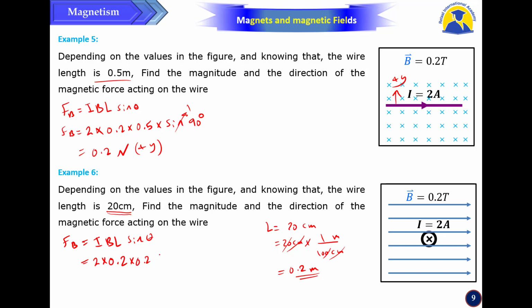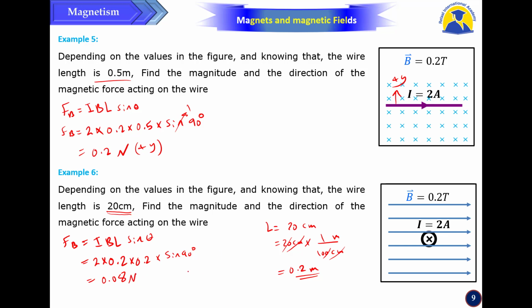So L is 0.2. The angle between current, which is negative Z, and magnetic field, which is positive X, is 90 degrees. So sine 90 degrees is 1. So here 2 multiplied by 0.2 is 0.4. 0.4 multiplied by 0.2 will be 0.08 Newton.